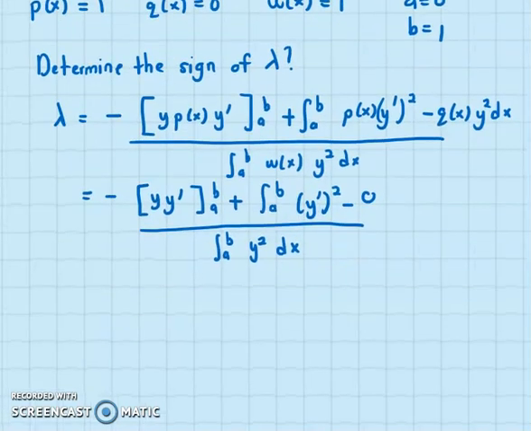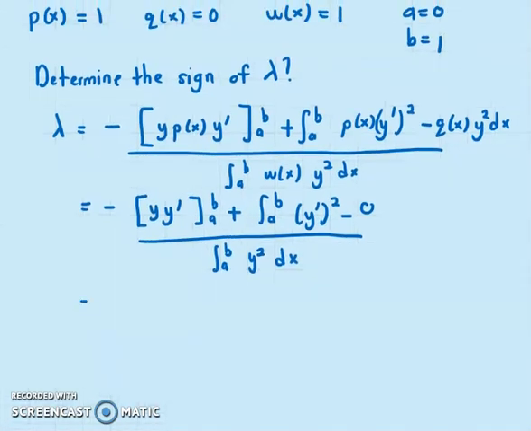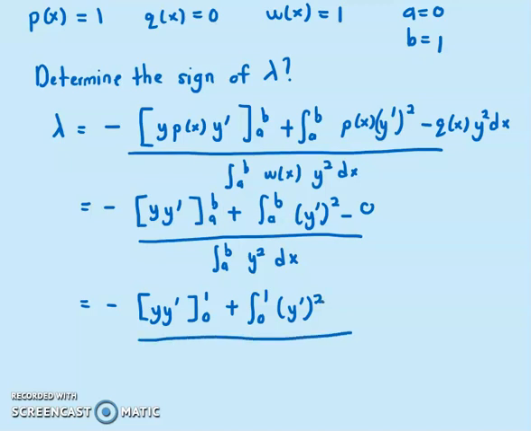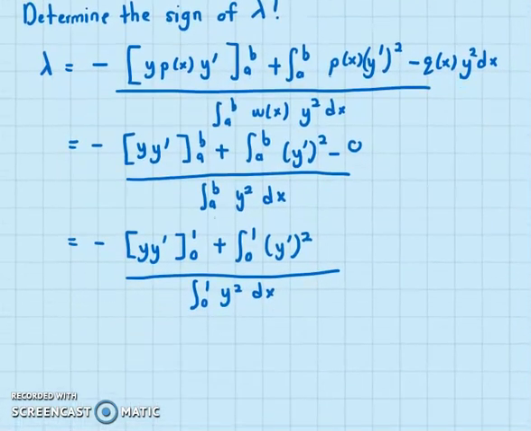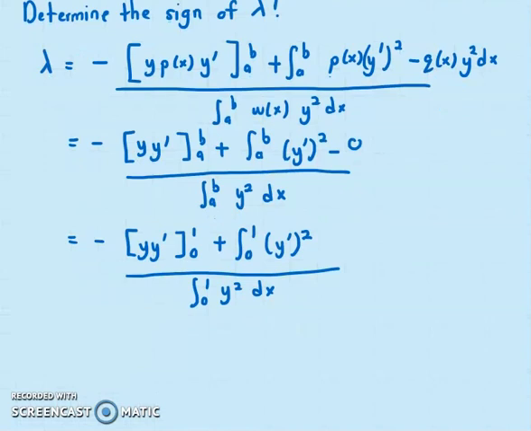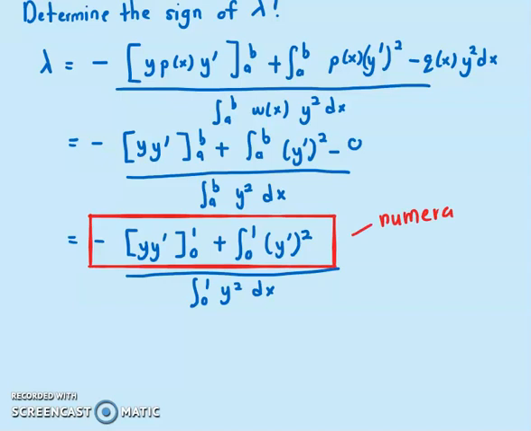Now simplifying this equation with the interval a, b equals 0 to 1, now to determine the sign of lambda, we just focus on the numerator.